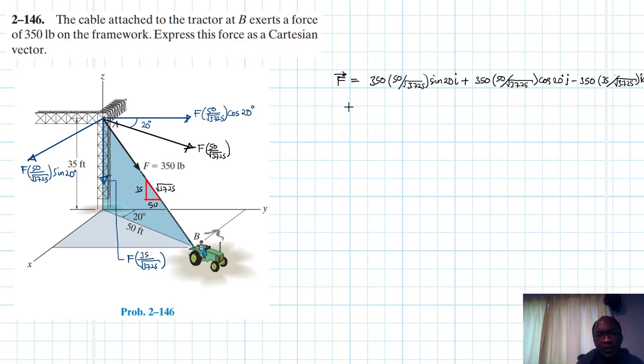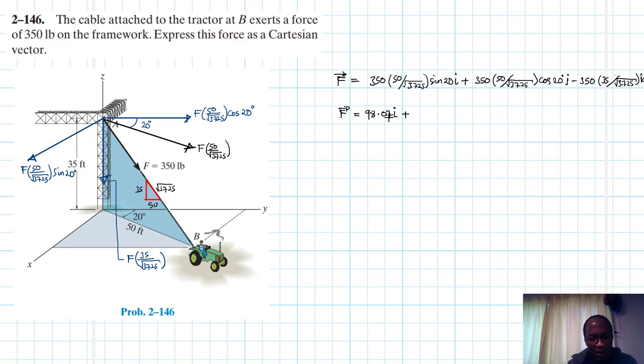Okay, once we've done the multiplication, we realize that this is just going to give us 350 times 50 divided by root of 3725 times sine 20, which gives us 98.07i.